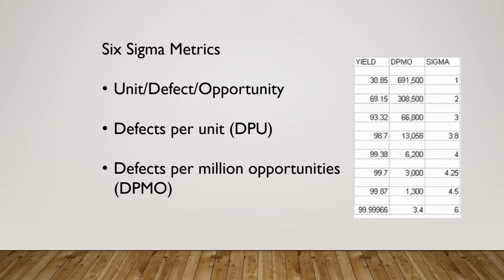The defining unit for our course is Sigma. To calculate Sigma, you need three pieces of information. First is the unit, what you make or service. Then there is the defect, output that doesn't meet external or internal customer requirements. Then opportunity, a chance to satisfy a customer or generate a defect.